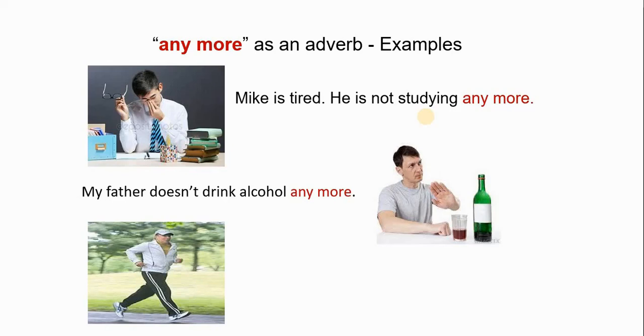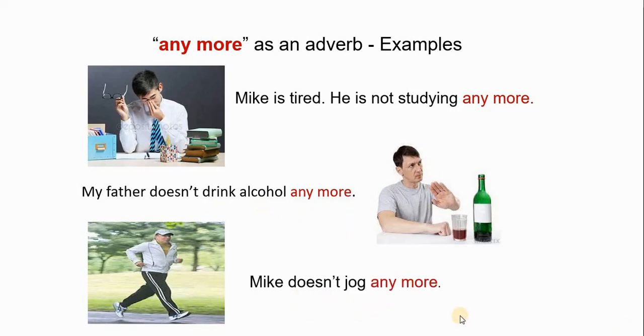My father doesn't drink alcohol anymore. So here, the adverb anymore is modifying the verb drink, and it's telling us that he no longer does this action. And Mike doesn't jog anymore.